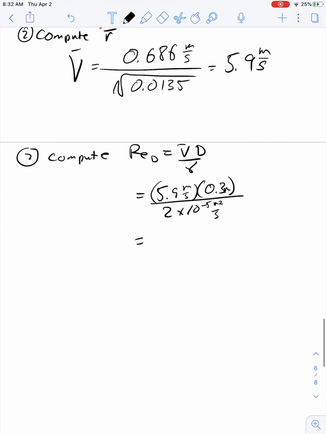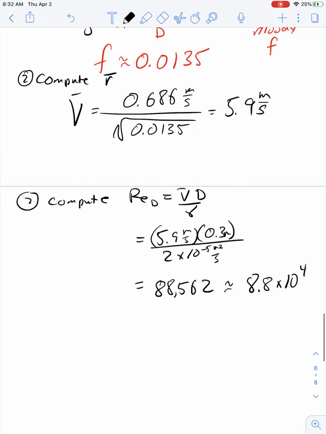And if we compute that out, I get 88,562, which is about 8.8 times 10 to the fourth, or we could say 8.9 times 10 to the fourth. Our Moody diagram isn't so precise. If we use the Colebrook equation, we would directly put in the 88,562.